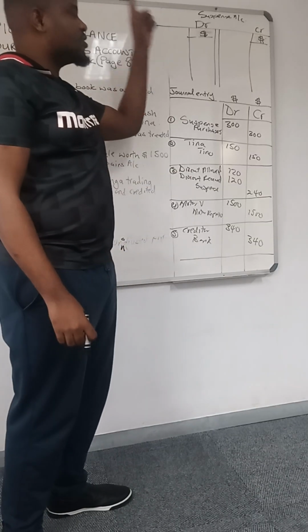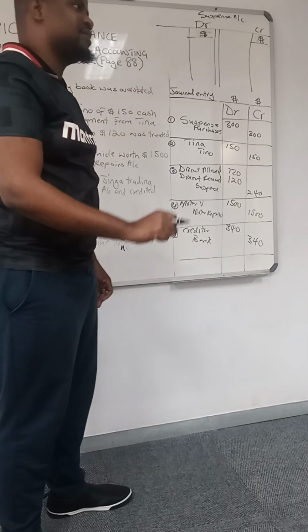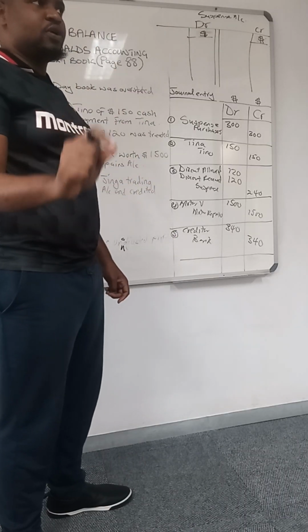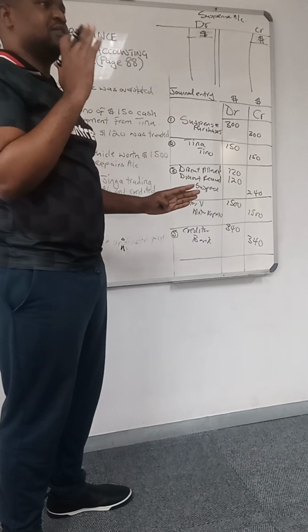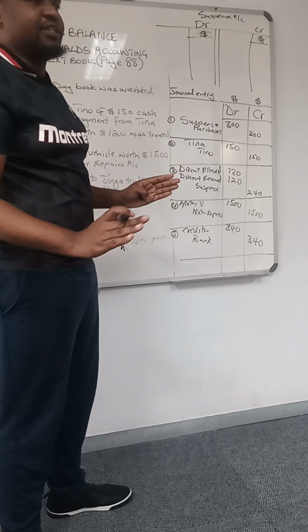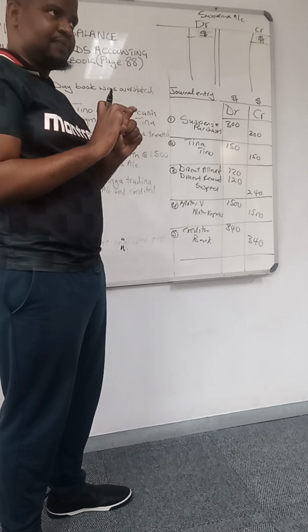So in the suspense account, we always start with the balance difference as per trial balance. In other words, when you prepare your trial balance, the debit side maybe was exceeding the credit side by 500. So in the suspense account, we start with that difference of 500, right?